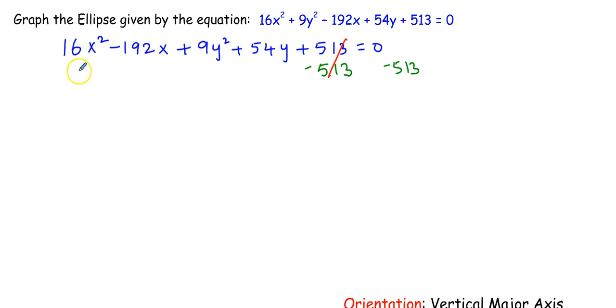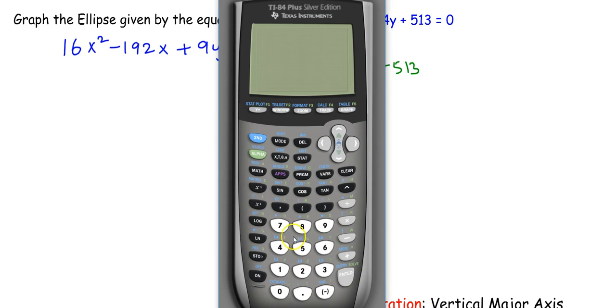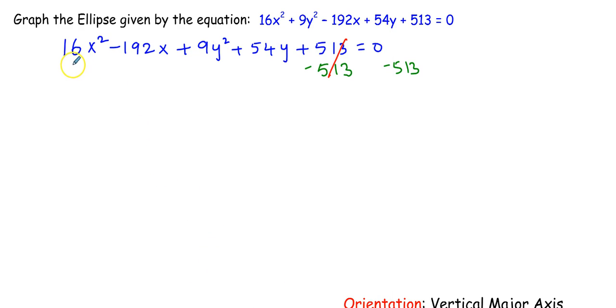Now, what is a common factor between 16 and 192? 192 is divisible by 16. Let us see, 192 divide 16. Right, it's 12. So 12 times 16 is 192. Okay, so I can take out 16 as a common factor between these two.